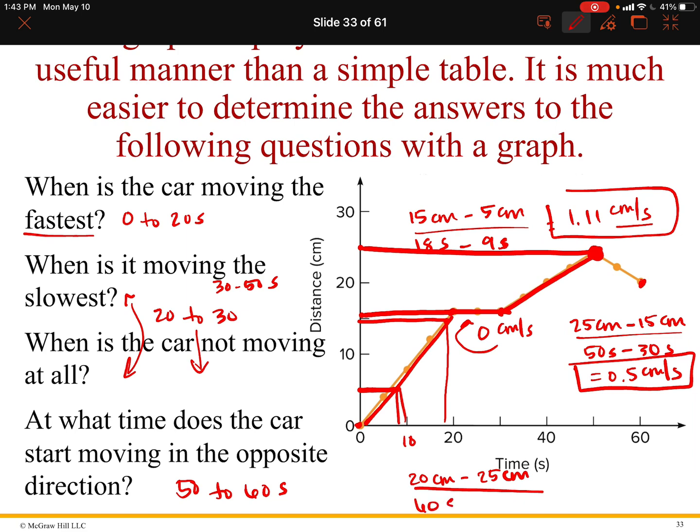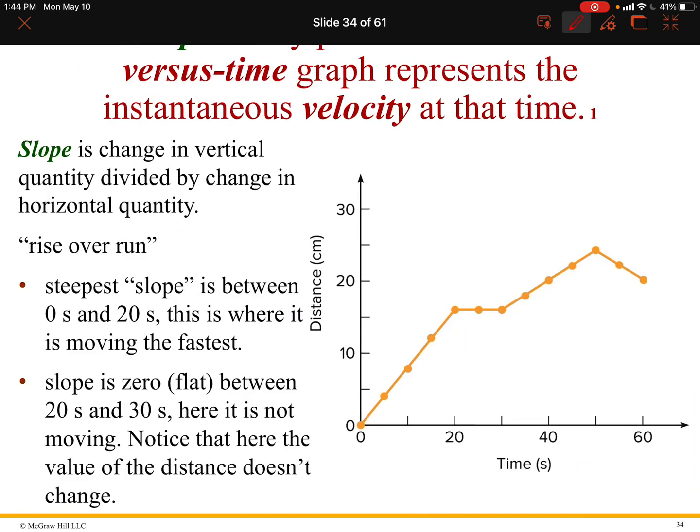And then we have 60 seconds minus 50 seconds. So if you do 20 minus 25 divided by 10, you get negative 0.5 centimeters per second. So it has a negative slope, and that indicates that the velocity would be negative, and so therefore it would have changed direction.